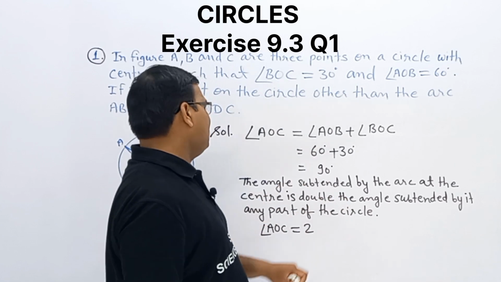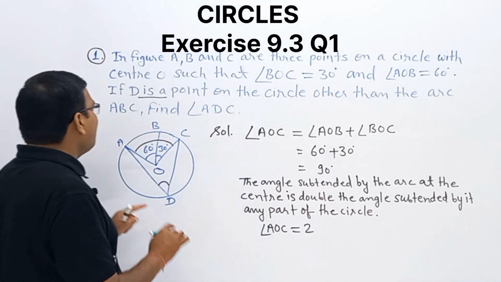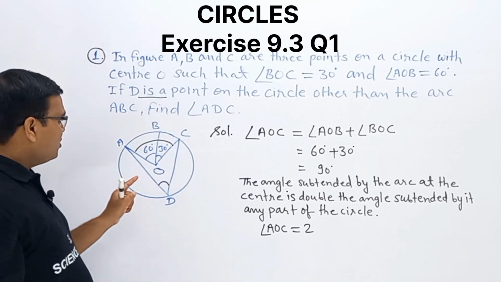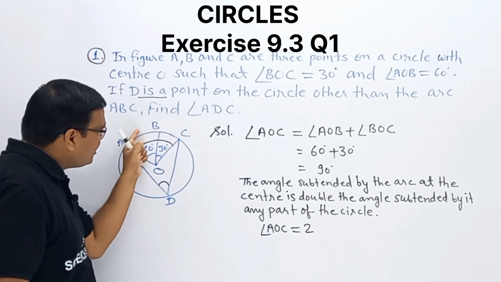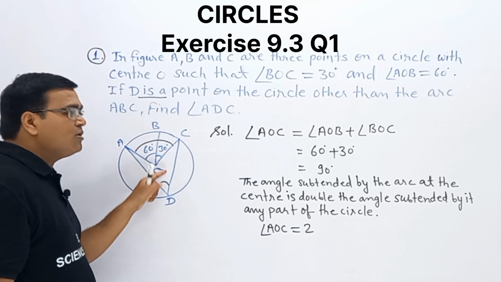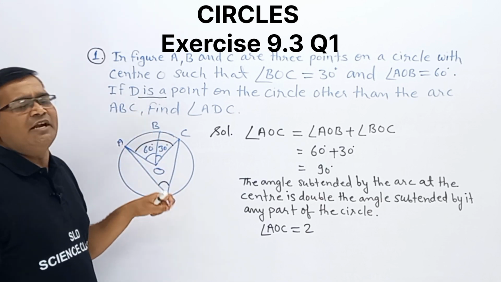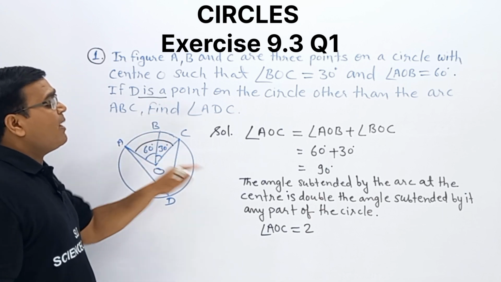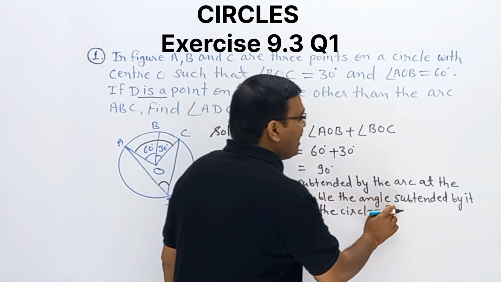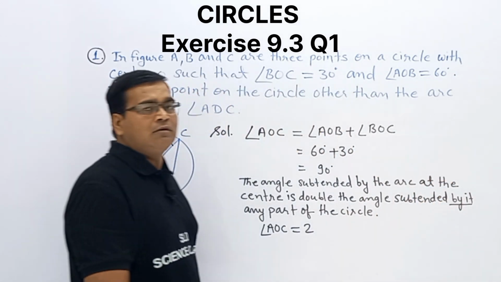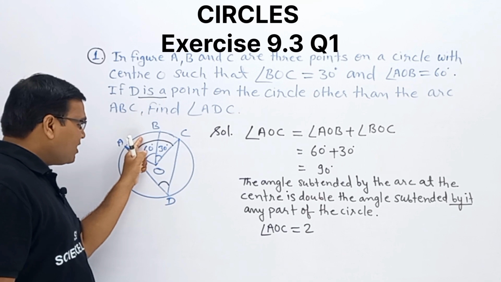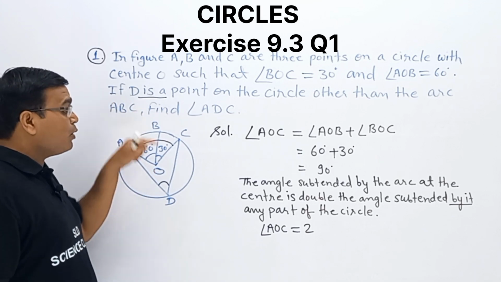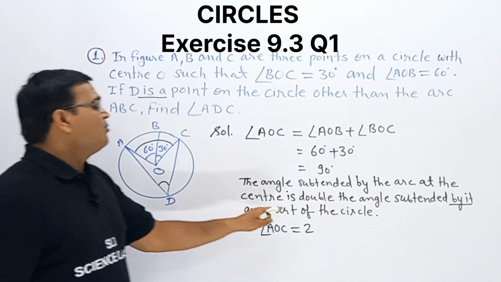Observe carefully: the angle subtended by this arc at the center is double the angle subtended by this arc at any other part of the circle.